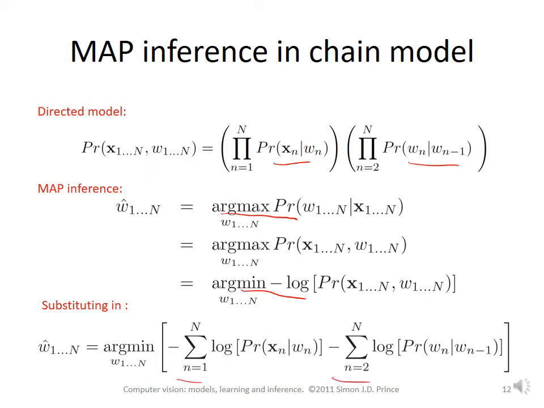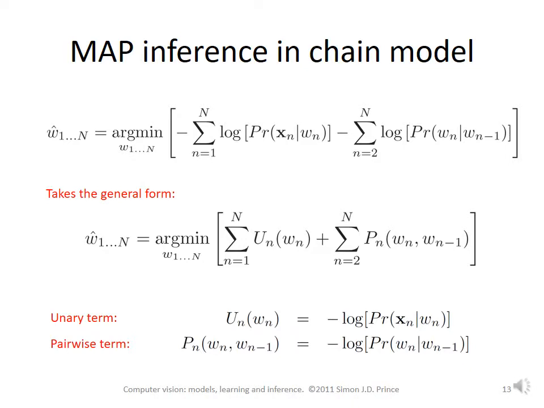And now we're going to repeat that equation on the next slide, and we can actually take a general view of this to say that the first term is often referred to as a unary term. It's unary in that it only looks at a specific site, and it's looking at the compatibility between x and the respective w at that same site.